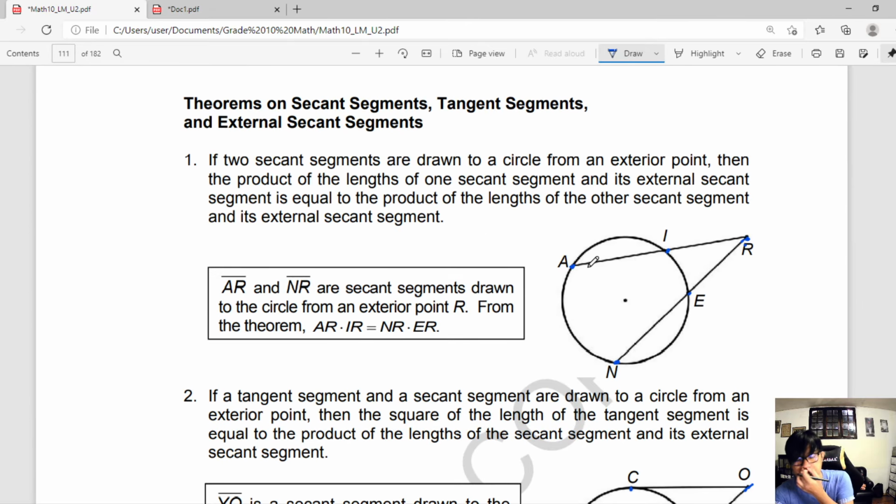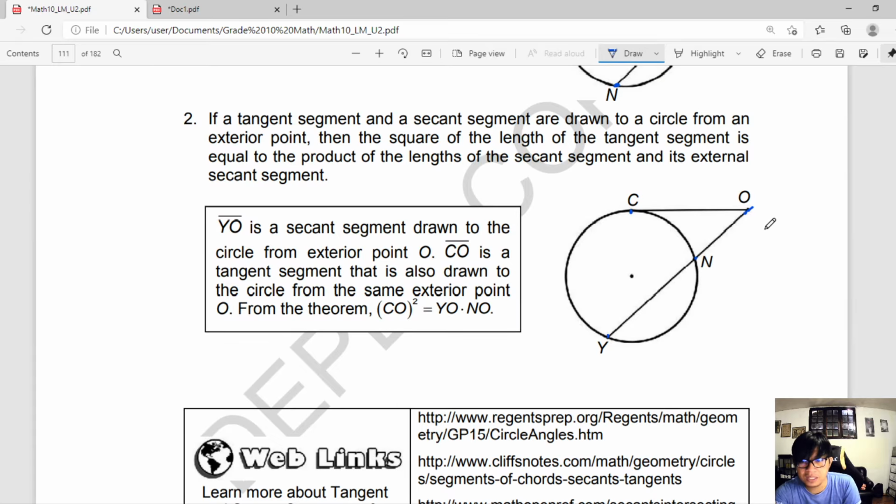Tapos, dito naman, pag ganito yung problem, dalawang secant line na intersect sa labas ng circle, ang gagawin nyo yung length ng secant times its external secant segment is equal to the length of the secant times its external secant segment. And lastly, pag ganito yung ating itsura ng problem, you're going to get the square of the tangent line equal to the product of the secant and its external secant segment.